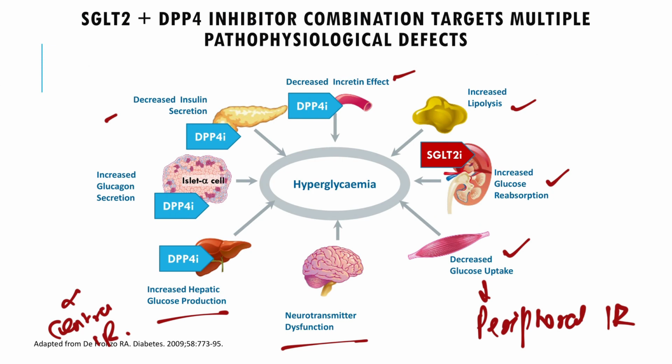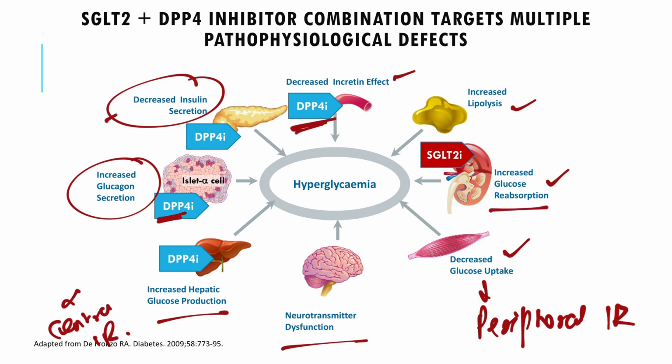Now, of these, you can see many of these factors are actually impacted by use of a DPP4 SGLT2 combination. For example, the increased glucagon secretion is suppressed by use of DPP4. The decreased insulin secretion: obviously, there will be a little bit of insulin secretion by DPP4. It's mainly post meal, but it's not going to be much. But the incretin effect is obviously very important.